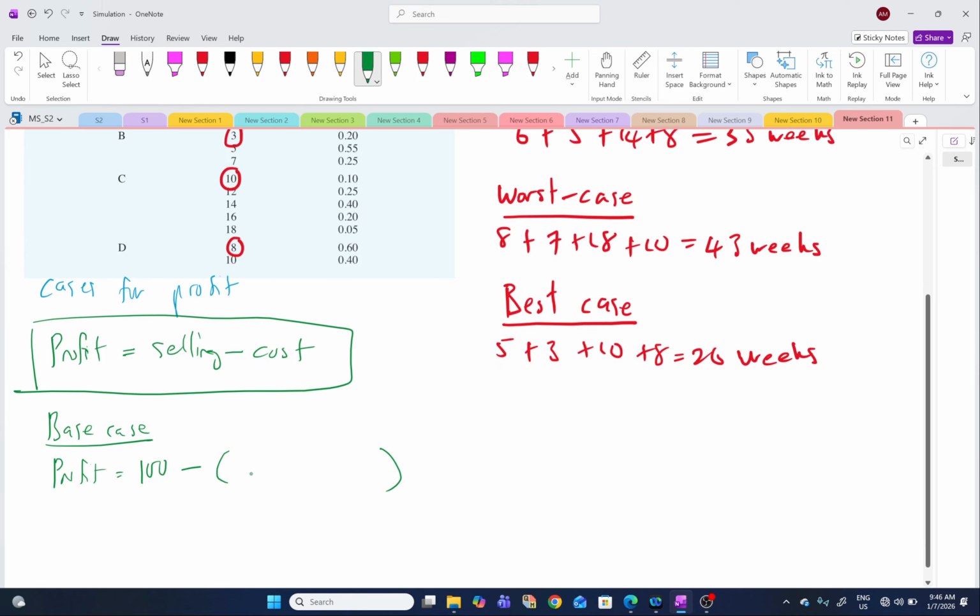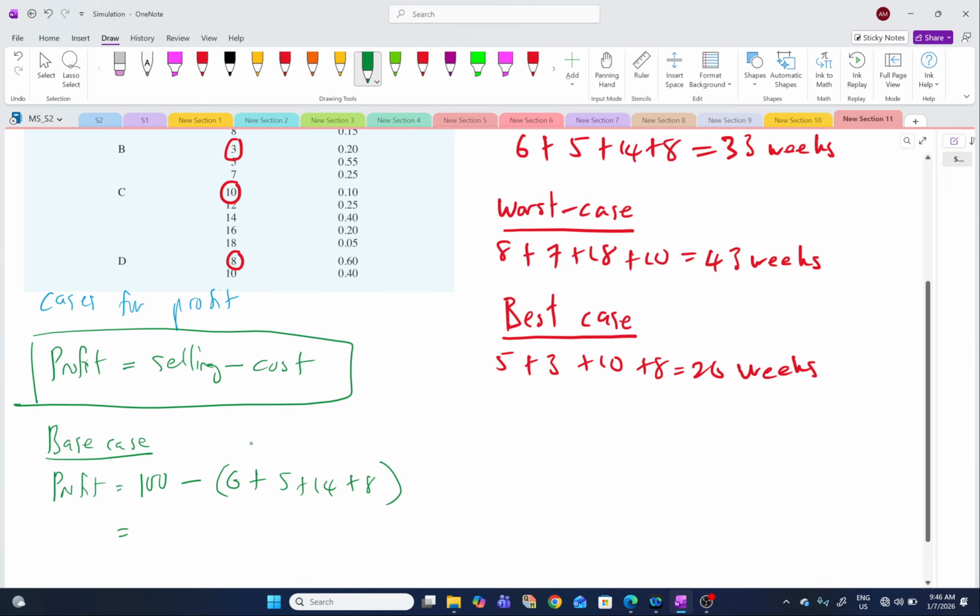Kita akan tolak semua cost lah. Sebelum tu you nak campur semua cost dulu. You nak take the sum. If you do this, you will get 67.